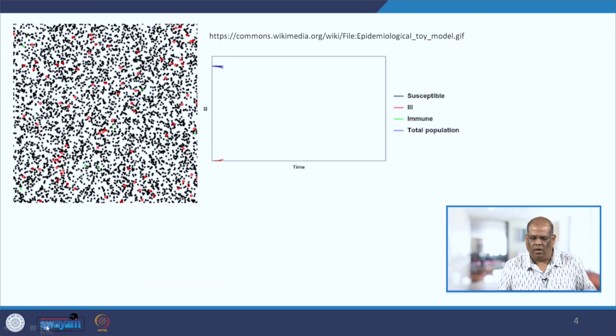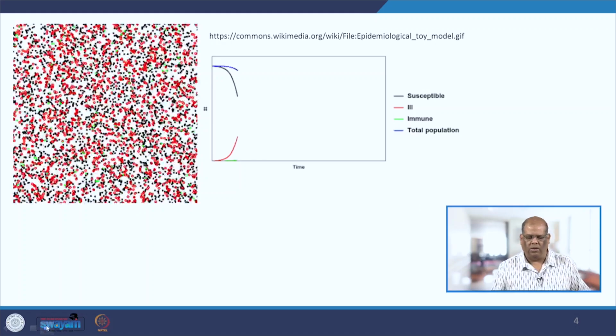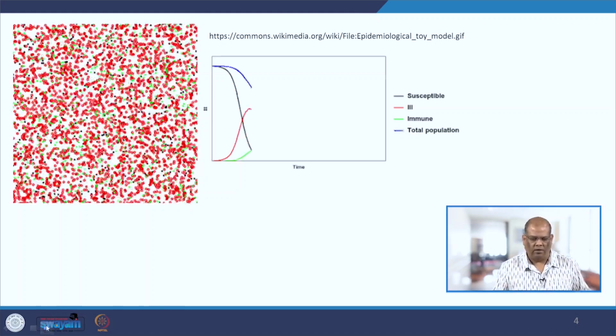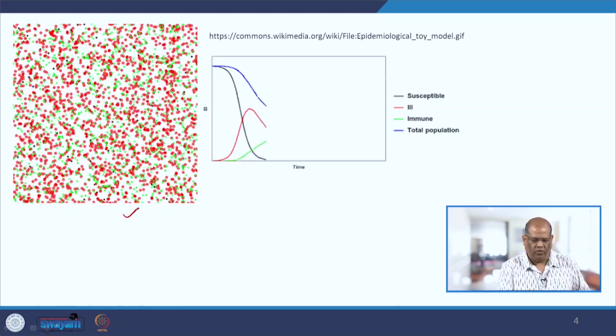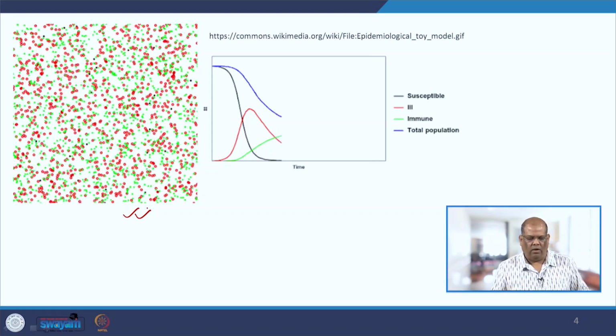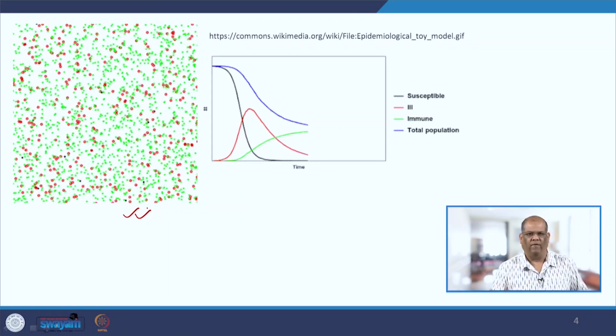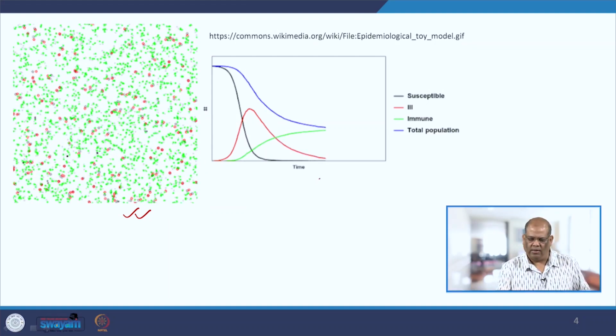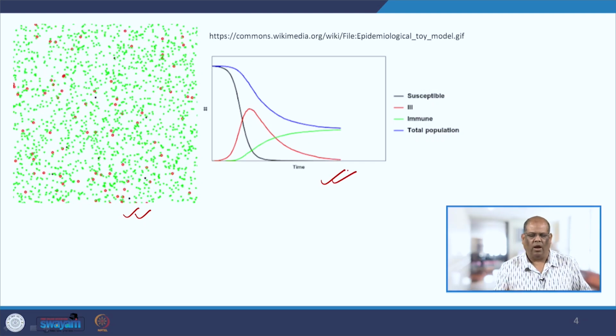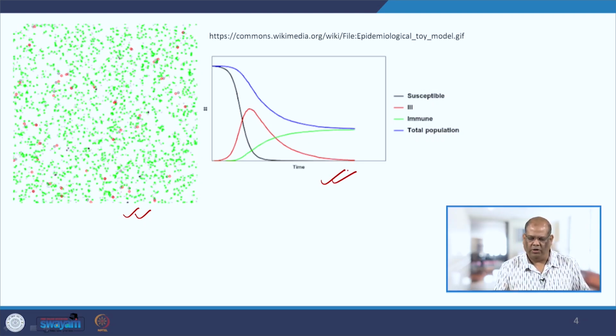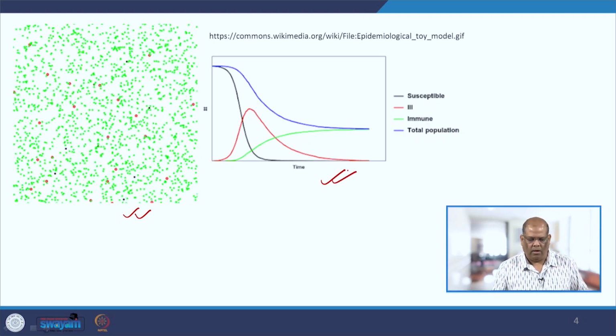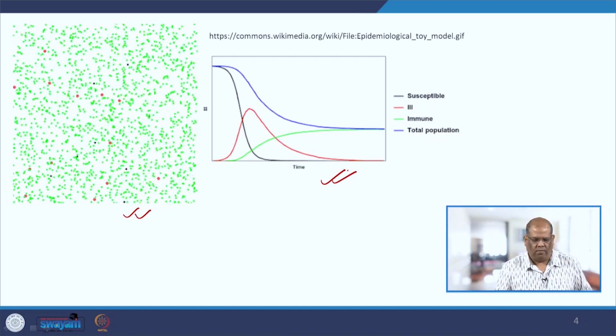But before that, let's have a look at this particular graphic. On the left-hand panel you see the population getting infected, and the right-hand side gives you the graph of how this population is behaving. It will start with some black spots.